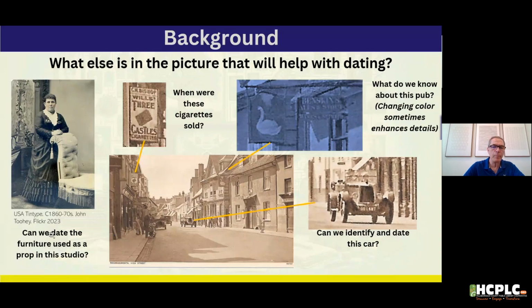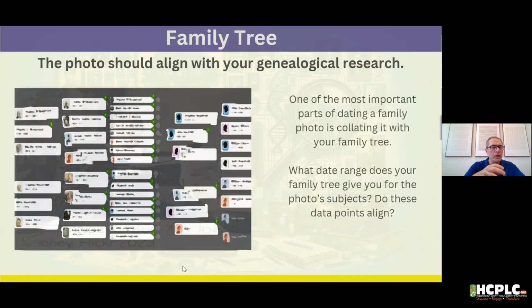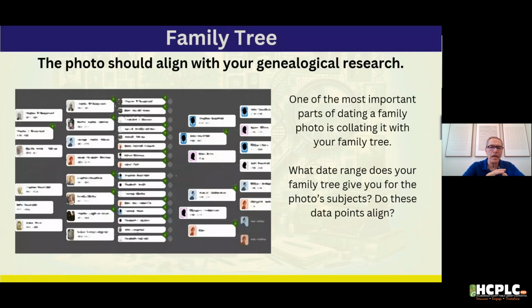Now, the other key part to dating your photographs is it needs to tie in with your family tree. So you'll be doing research and you'll have your relatives. Do the dates within your family tree, that is, is this person alive from certain dates, match the photograph you're looking at?